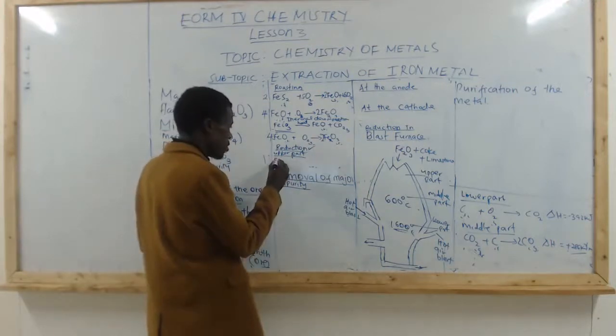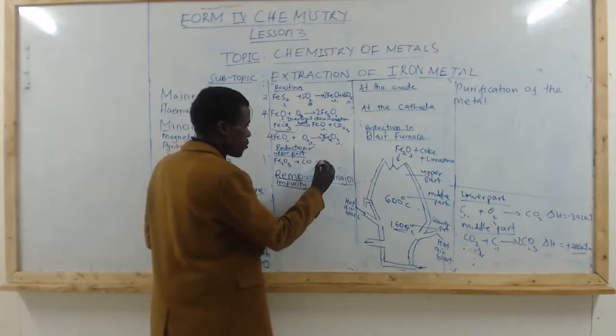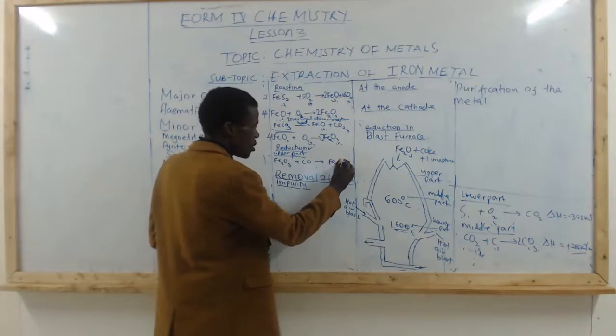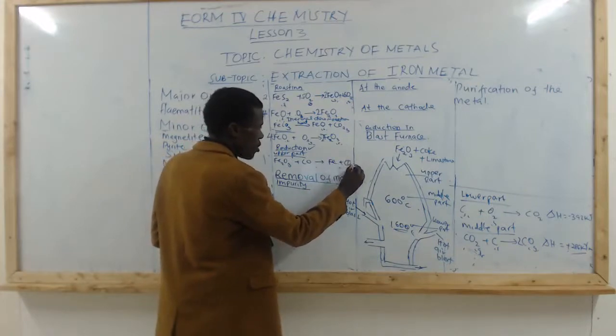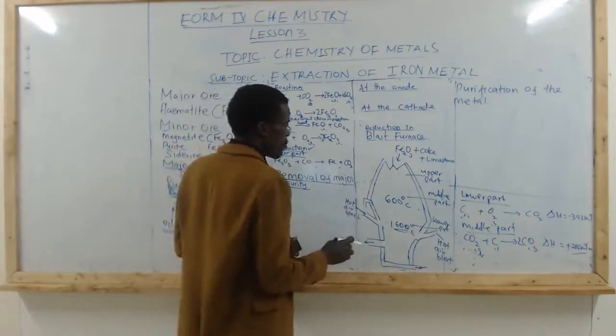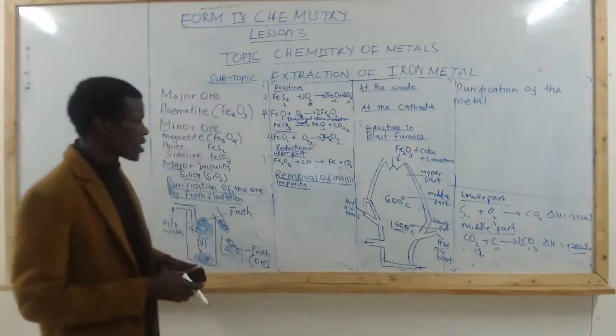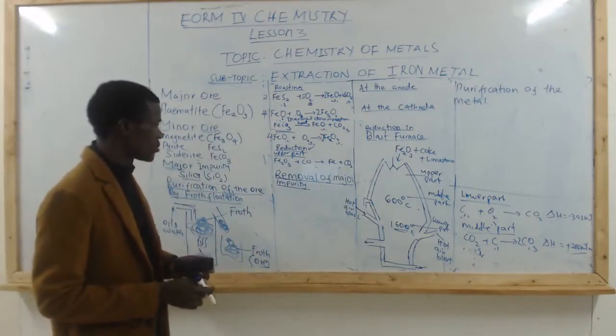That is, iron 3 oxide is reduced by carbon 2 oxide to form iron metal and carbon 4 oxide.